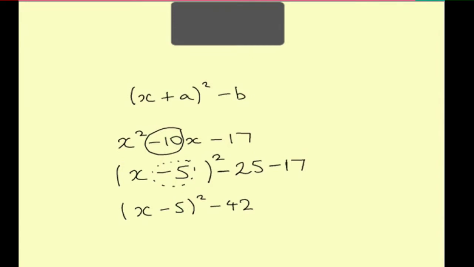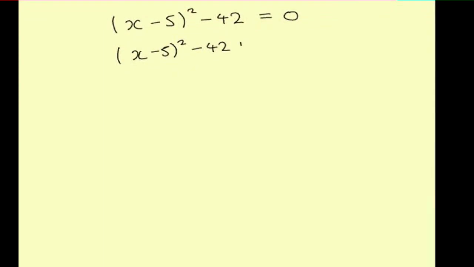Now to solve it, we equate it to 0, and we first need to get rid of the 42, so we add 42 to both sides of the equation. The next thing we need to do is get rid of this square.